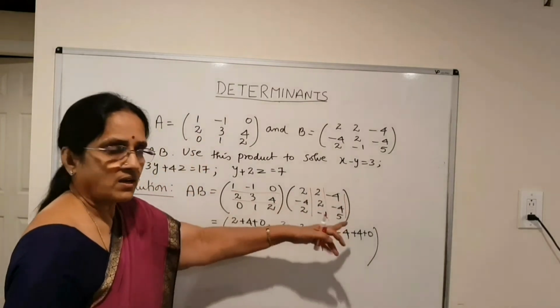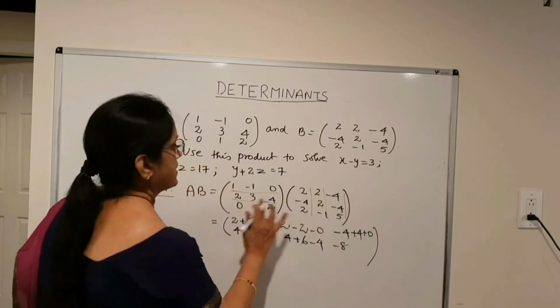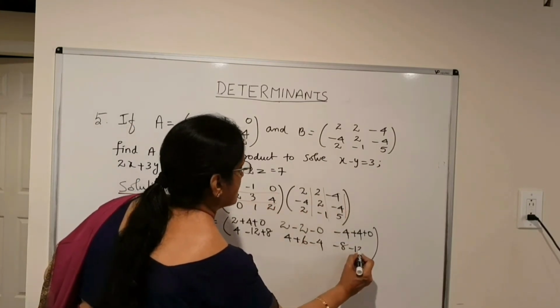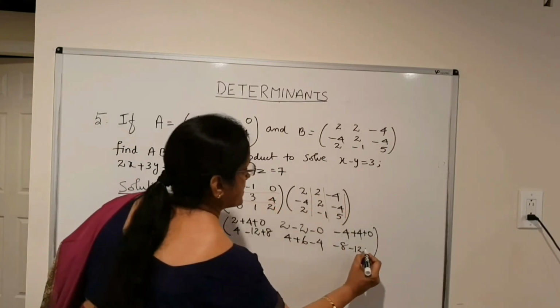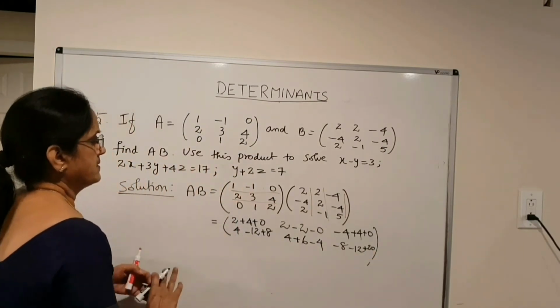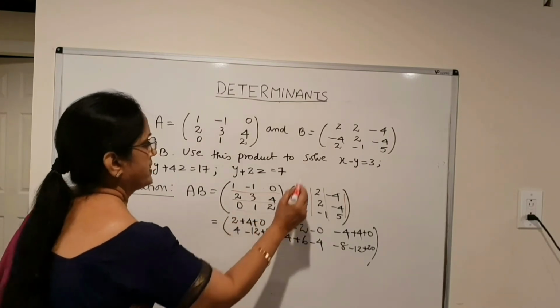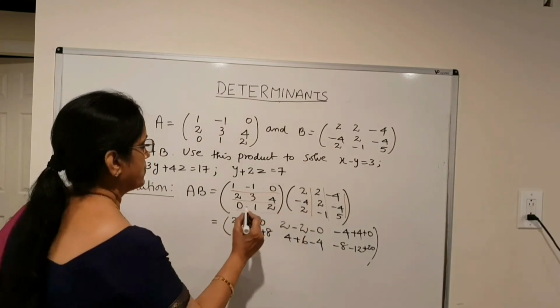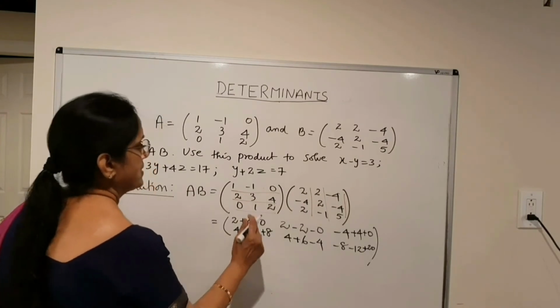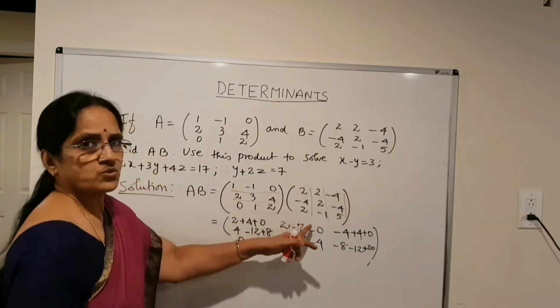Second row and third column, 2 into minus 4, minus 8, 3 into minus 4, minus 12, then 4 5s are 20, plus 20. Now let us consider the third row and first column. That will give you 0 into 2, 0, 1 into minus 4, minus 4, 2 into 2, plus 4.